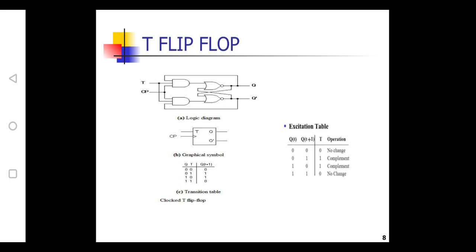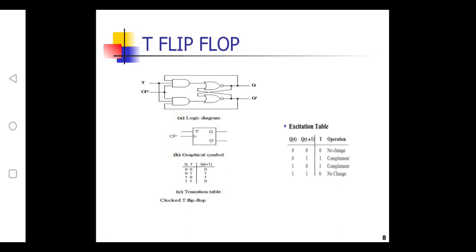Similarly, in order to write down the excitation table, I'll explain here. In case of an excitation table, first we need to write down Qt and Qt plus 1. If there are two variables, we get four different combinations, that is 00, 01, 10, 11. So we need to observe the same combinations in the transition table.